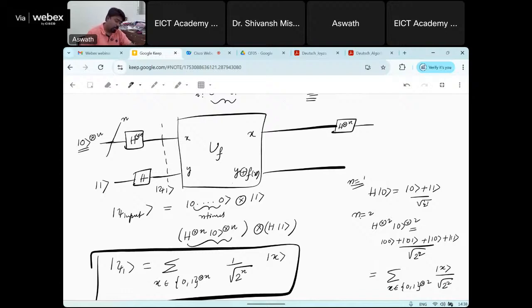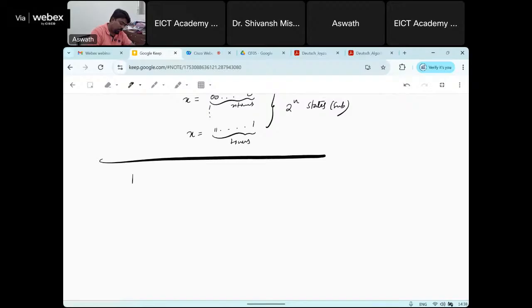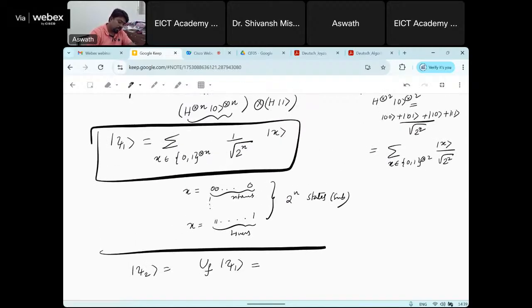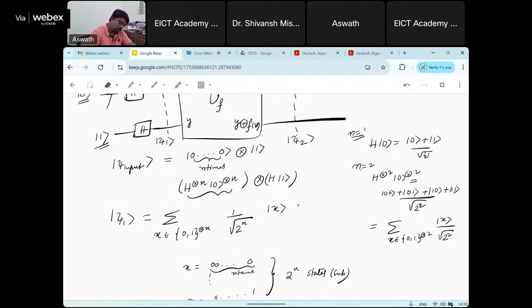So at this point, after the unitary function gate, let's say I have a psi2. Psi2 is equal to the unitary function acting on psi1. What is psi1, by the way? I'm sorry, there is something I have missed: the ancilla qubit. I have to add the ancilla qubit also.